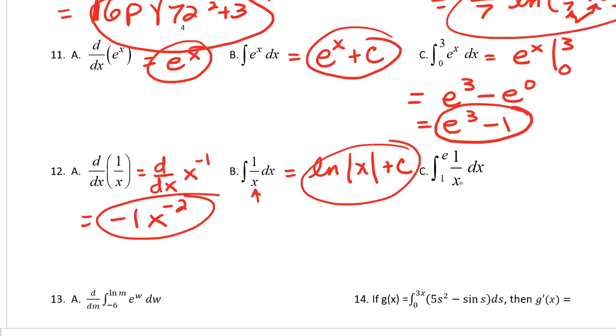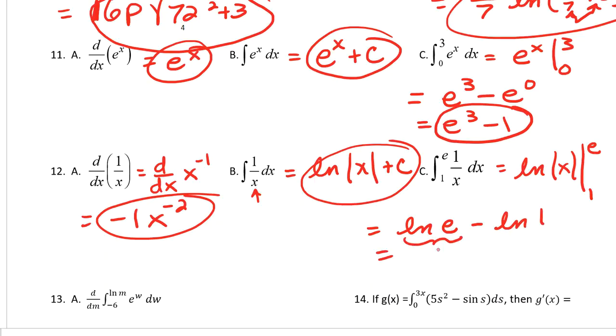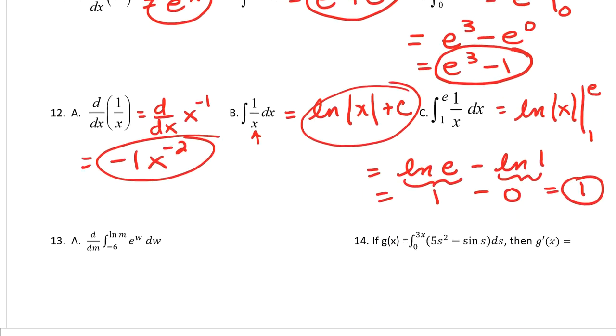And now you might say, well, what about the absolute value? Well, it doesn't matter here because we're plugging in positive numbers only. So we'll have the natural log of e minus the natural log of 1. The natural log of e is 1, and the natural log of 1 is 0. So we'll come up with 1.